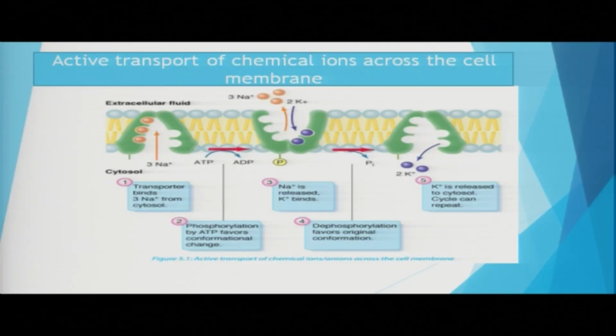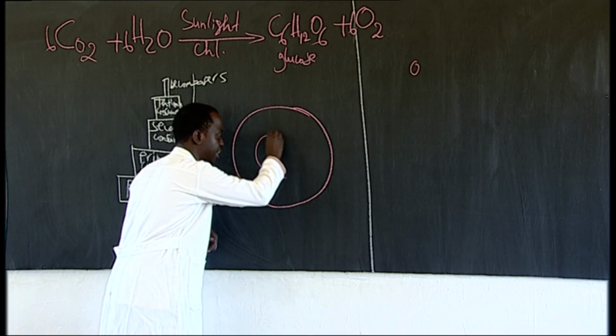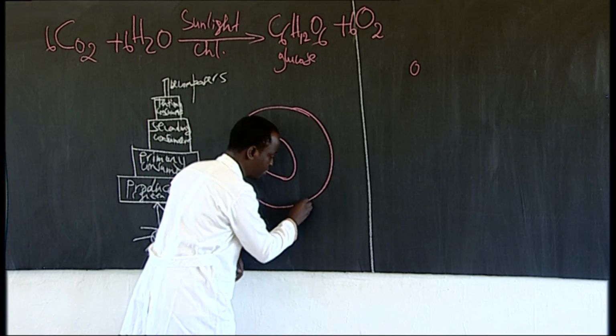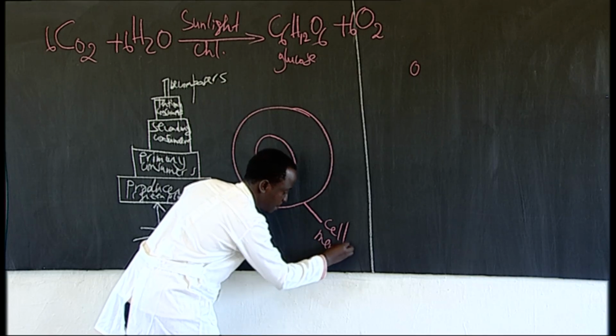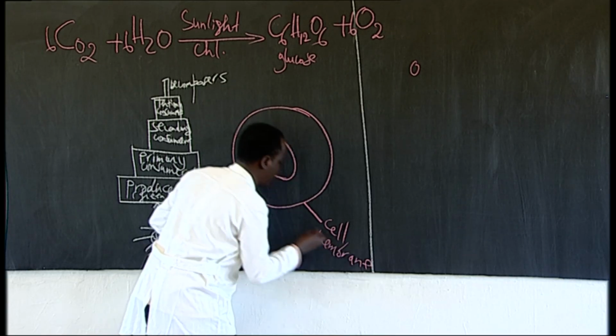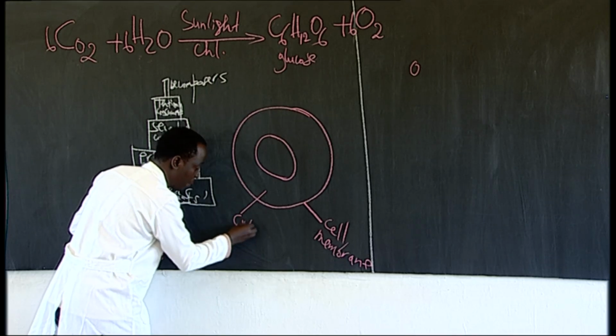If you see, I show you. Suppose this is a cell. It has what? It has a nucleus. And this part is what you call the cell membrane. And this one is what you call cytoplasm.